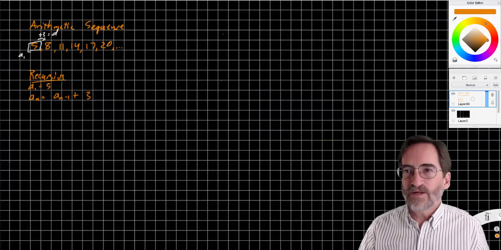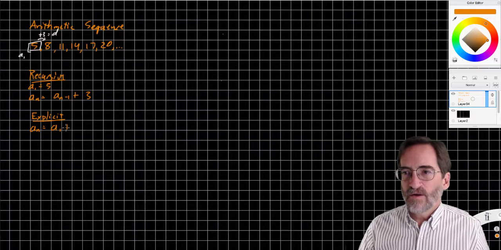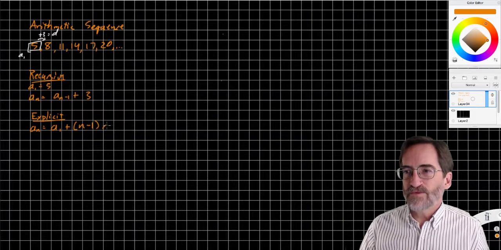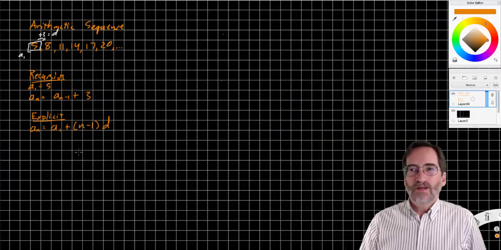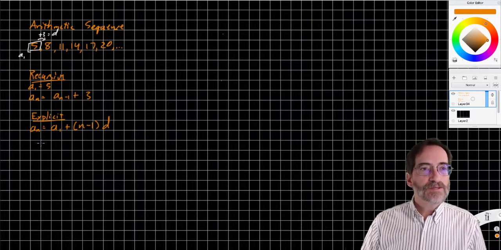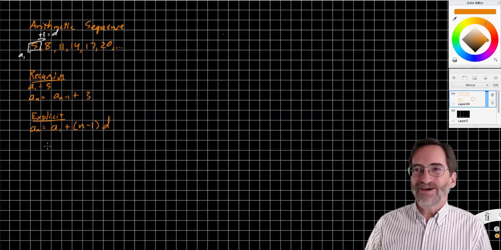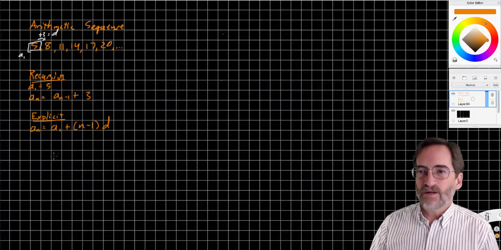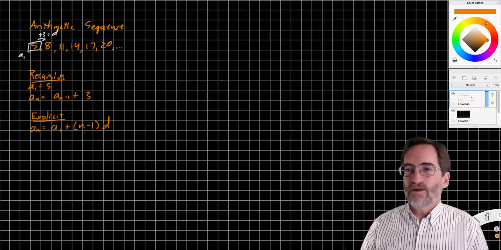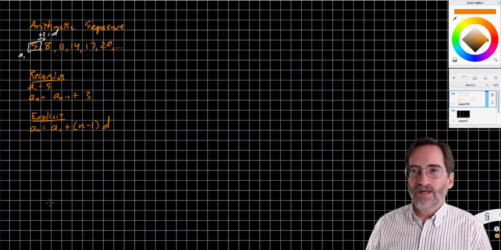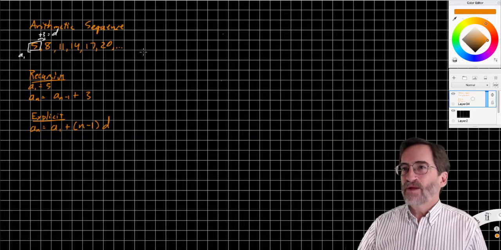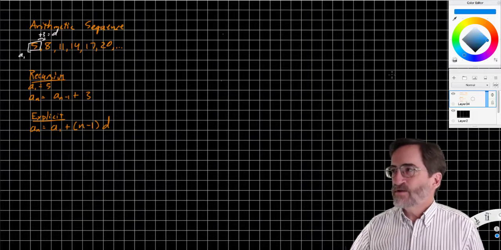We can define it explicitly: a sub n equals a sub 1 plus n minus 1 times d. And it's linear in nature, so when we graph it, the points form a straight line, if we graph the x-axis as the n-axis. That's an arithmetic sequence.